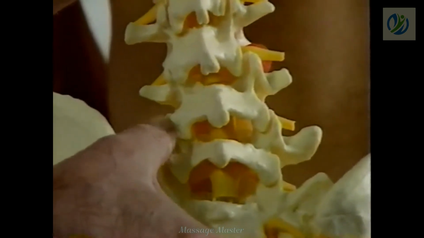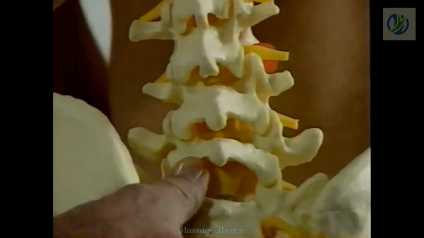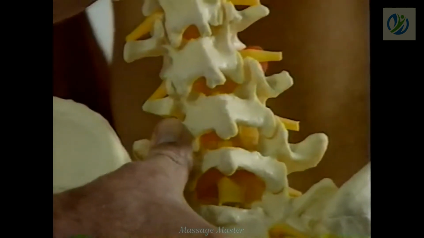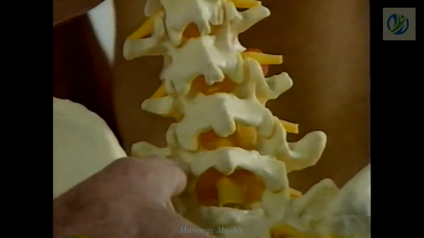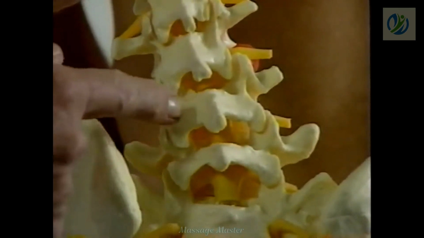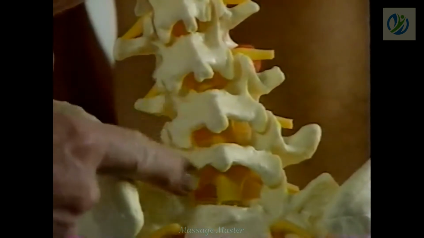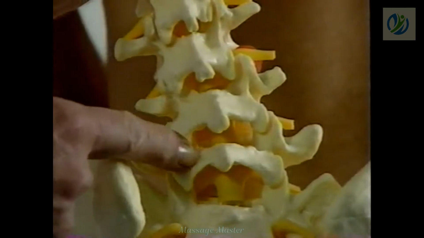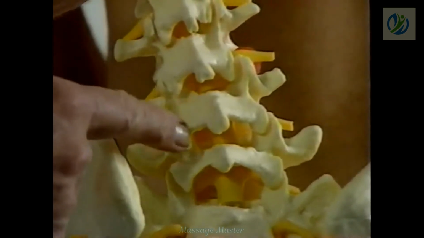Therefore, the segment will be extended, side bent to the left, and rotated to the left. Recall, if you will, non-neutral dysfunctions are described as occurring within one vertebral motion segment only, just one vertebra on the other, and it's named for the superior vertebra on the inferior.